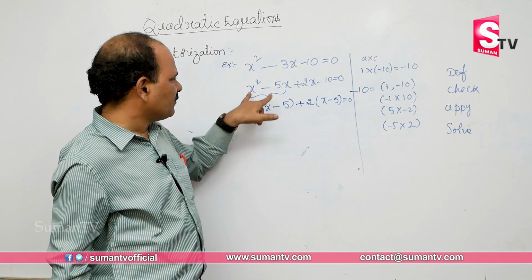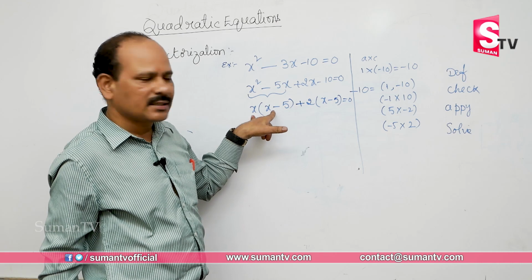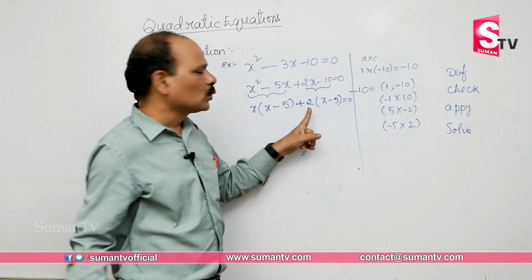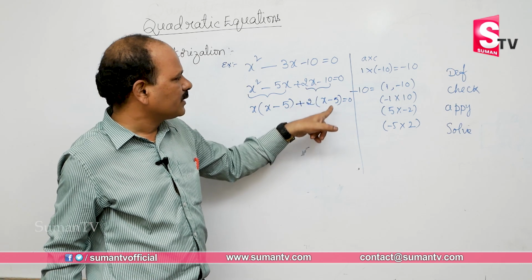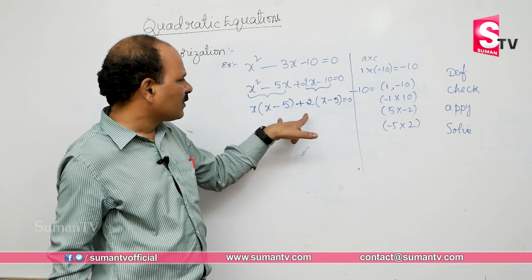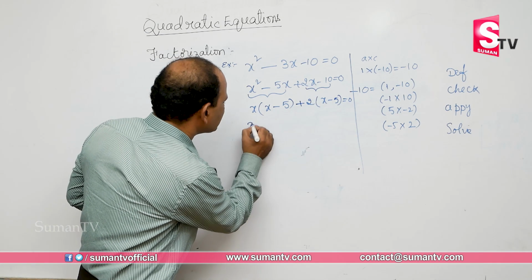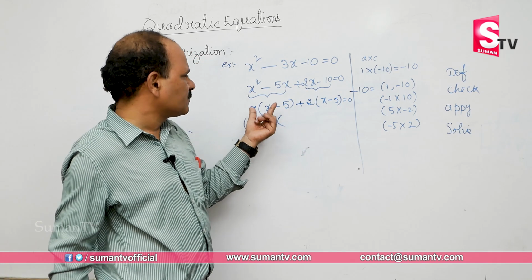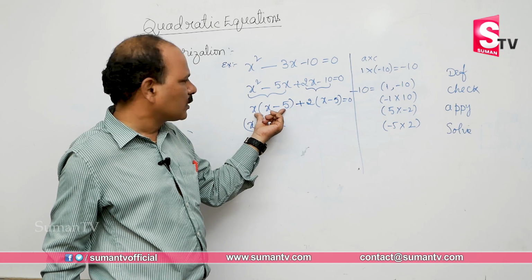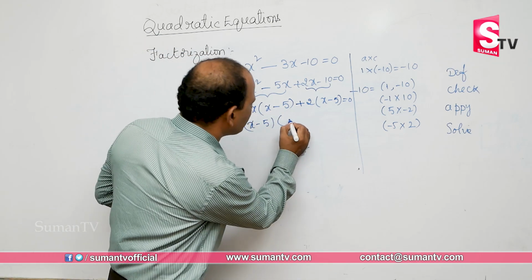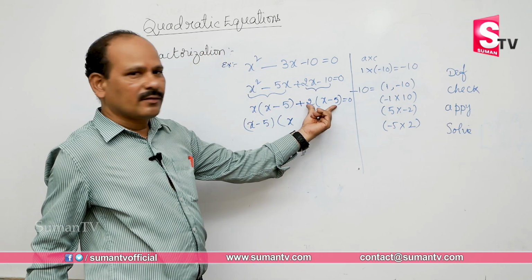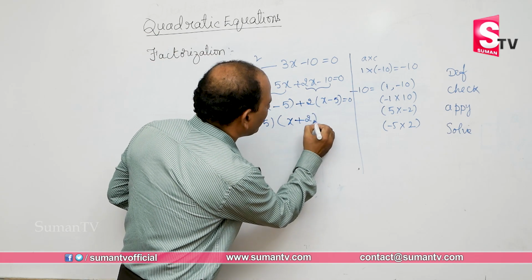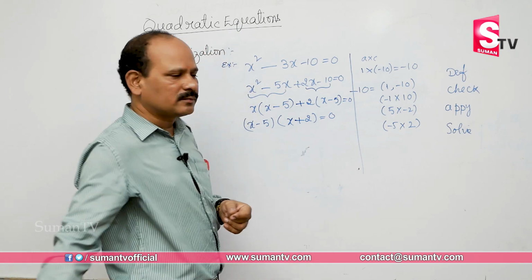Okay, from these two terms I took x as common. The remaining term is x minus 5. From these two terms I took 2 as the common. The remaining term is x minus 5 is equal to 0. From these two also I can take x minus 5 common. Once x minus 5 is taken common, the remaining term is x, and here the remaining term is 2, equal to 0.